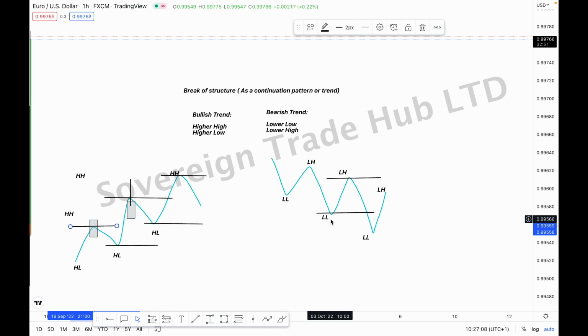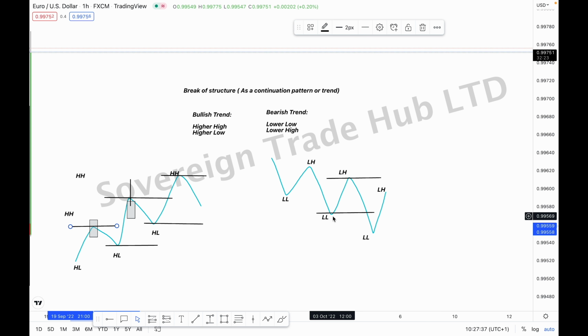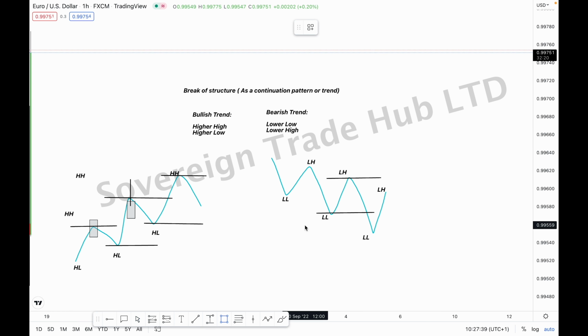Now, the same thing is applicable to the bearish trend. We wait for the candle to close below the lower low. In a higher high, for a break of structure to be considered valid, the candle must close above the higher high. And in a bearish trend, for a break of structure to be considered valid, the candle must close below the lower low.